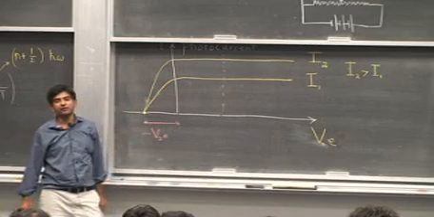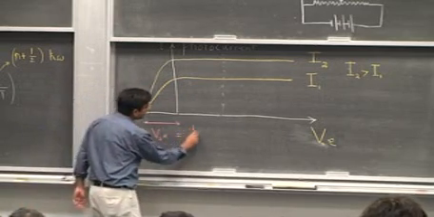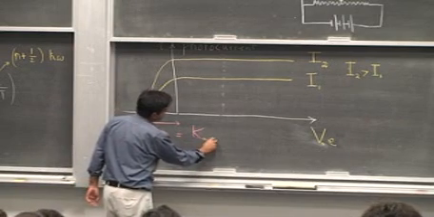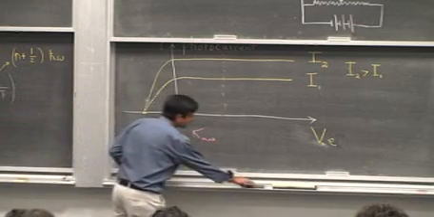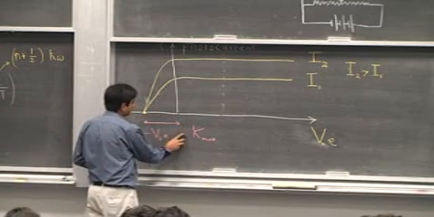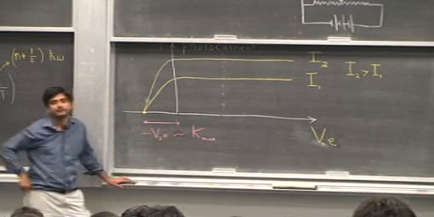This we know is a measure of the maximum kinetic energy of the electrons. It has to be proportional to the maximum kinetic energy of the electrons. Somehow.